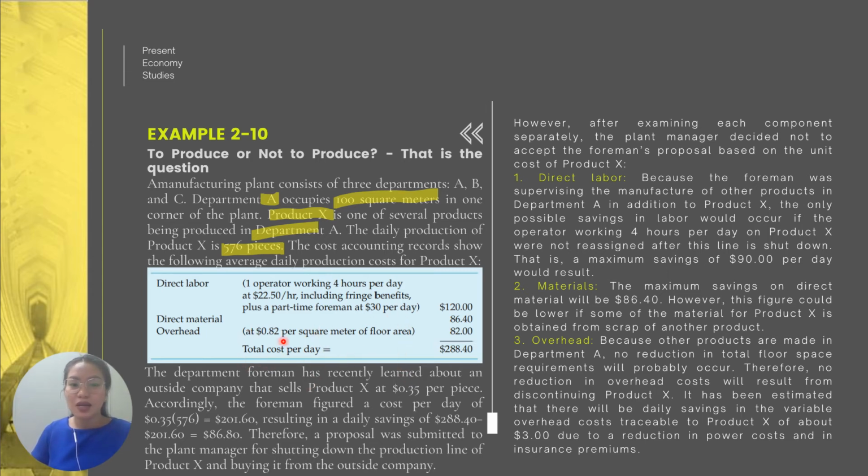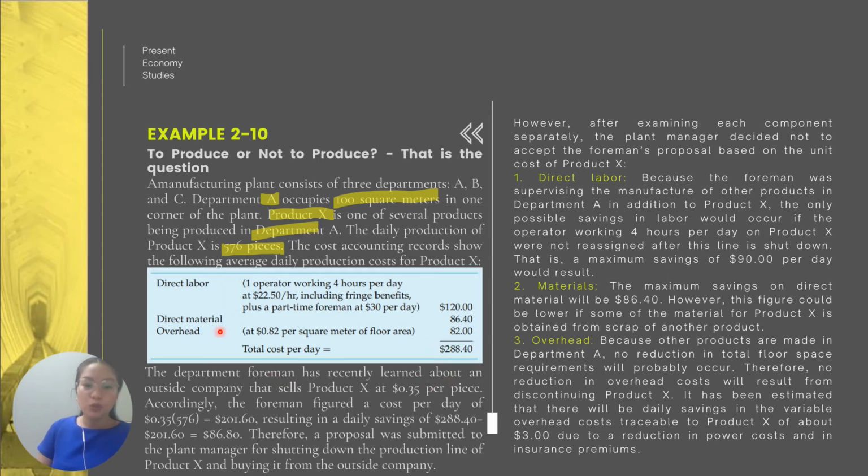Kailangan ka na nakay common unit of measure para ma-evaluate nimo siya. So gi-convert niya ang overhead sa floor area niya. So, total cost per day is $288.4.